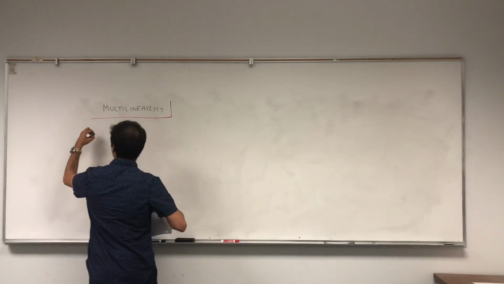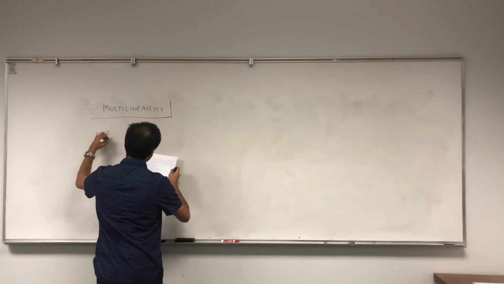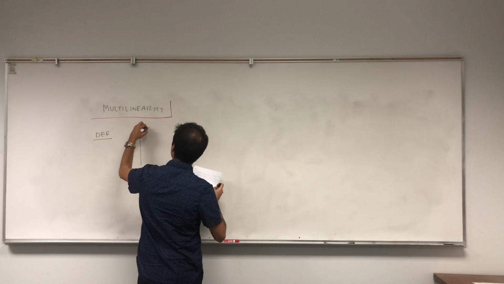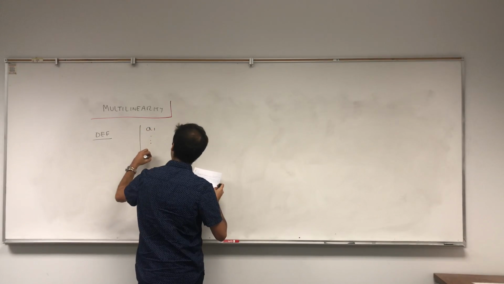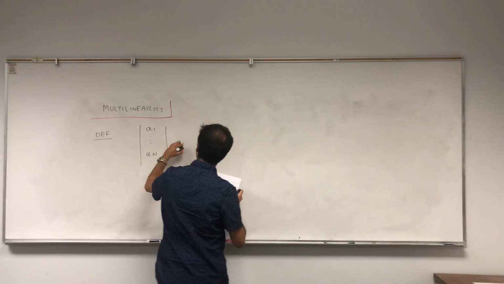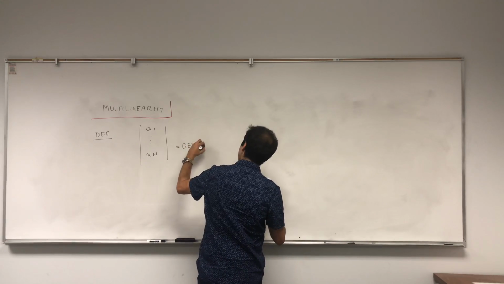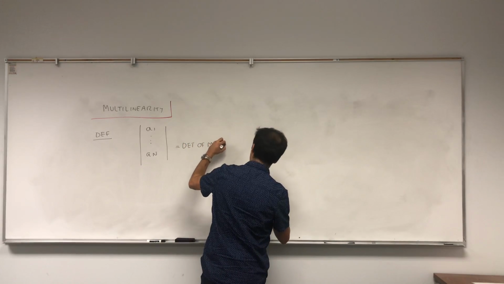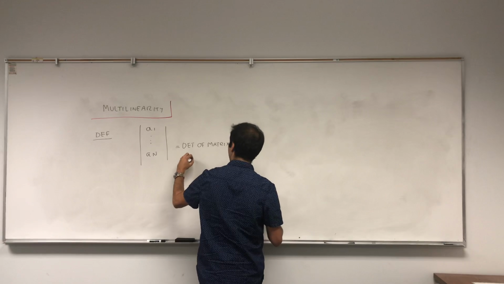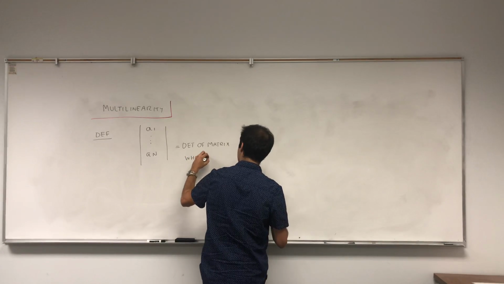And so, just a couple of definitions. First of all, if I write something like this, A1 up to AN, this is the determinant of the matrix whose rows are A1 up to AN.